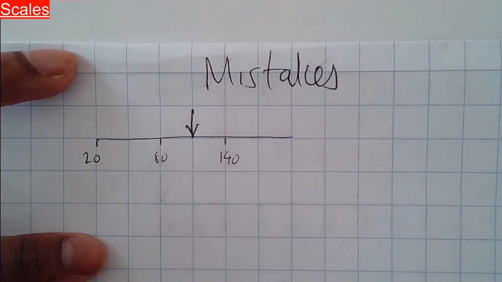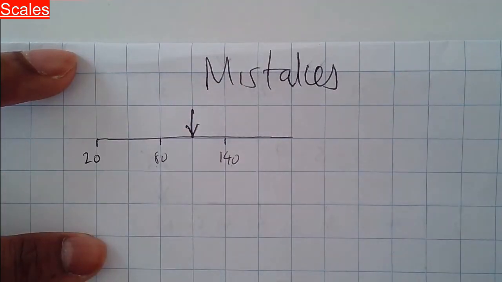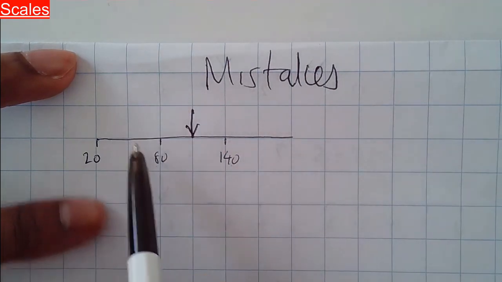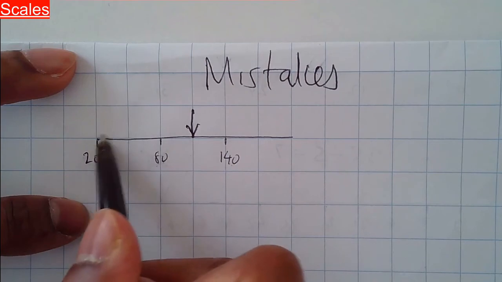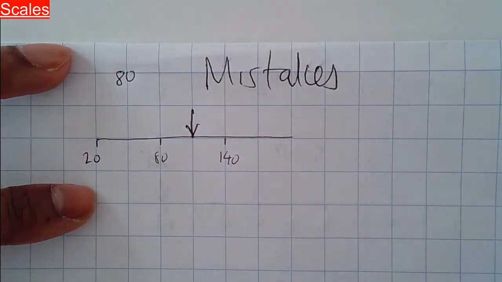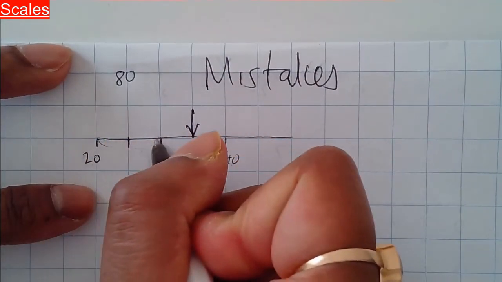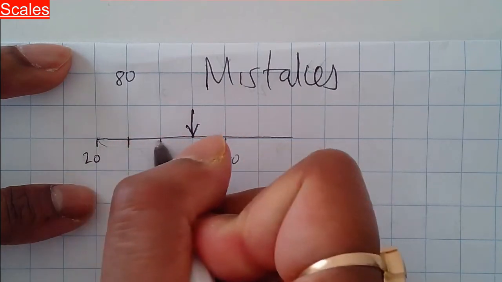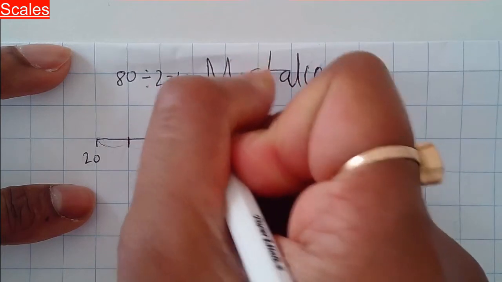We need to work this out properly. The other mistake that we can make is this. Some people think from here to here, there's a gap of 80. And then we've got 2 sections between this number and this number. 80 divided by 2 is 40.